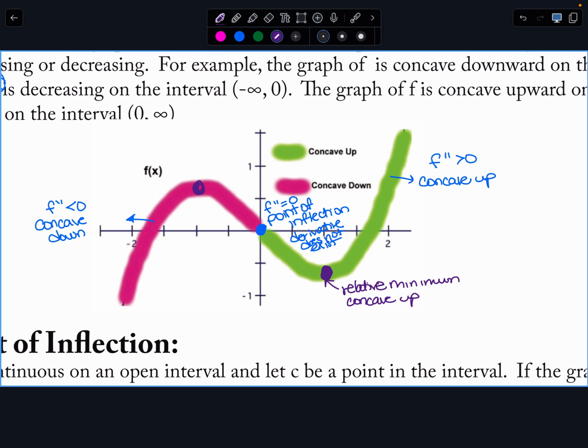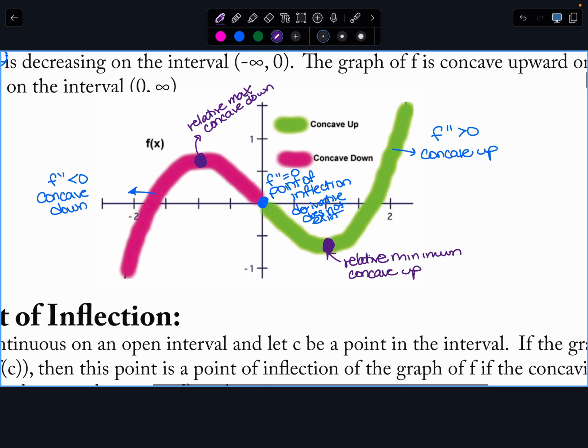Likewise, this would be like a relative maximum, and we would say that this relative maximum was on a concave down interval. So I could use the second derivative to tell me whether or not a relative min or a relative max was actually a max or a min based upon looking at the concavity of the function.